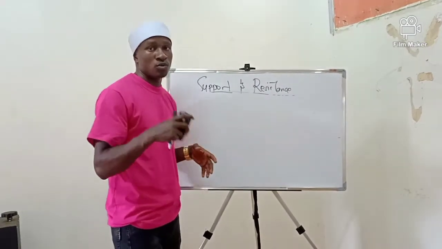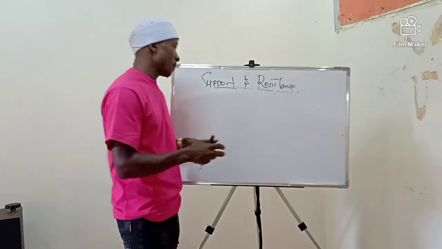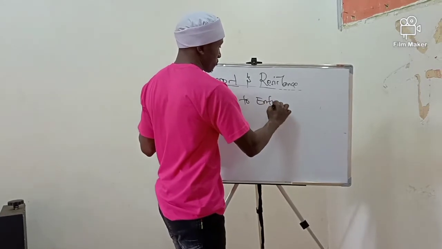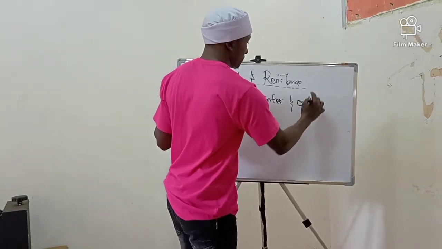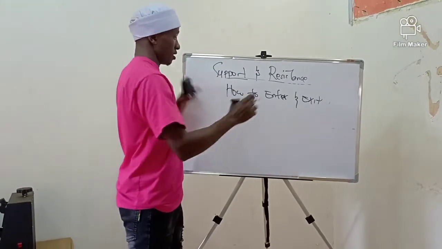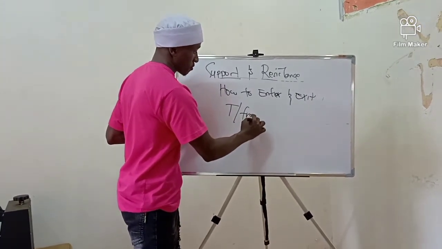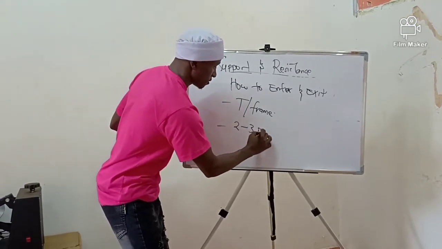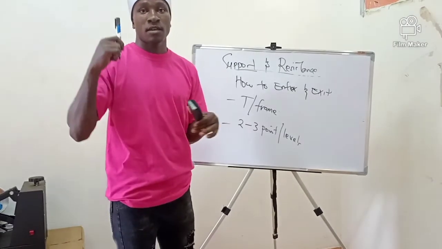Now, when it comes to trading, or you want to enter a given market after using support and resistance, so how to enter and exit using support and resistance, you find that you need something called a time frame, and again you need 2 to 3 points or levels the market respected in the past.